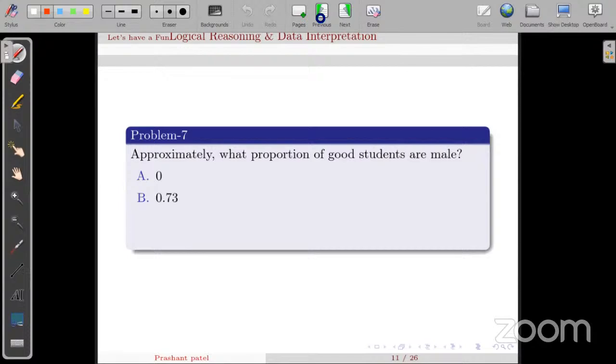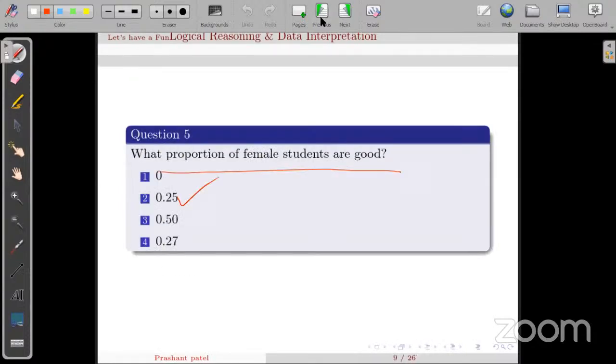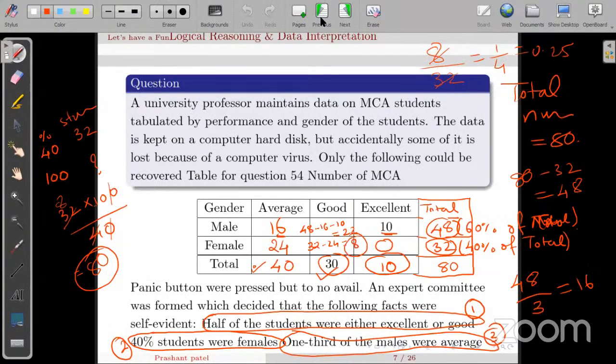For that I will need the table. I need to calculate the table. Yeah, this is the table we have filled. The question is, what proportion of good students are male?